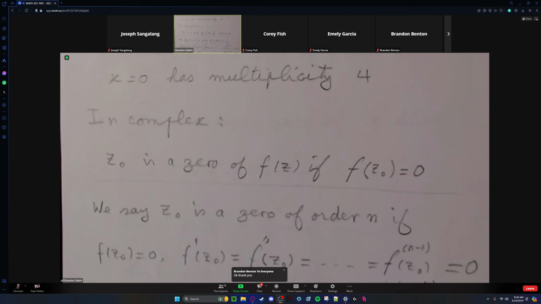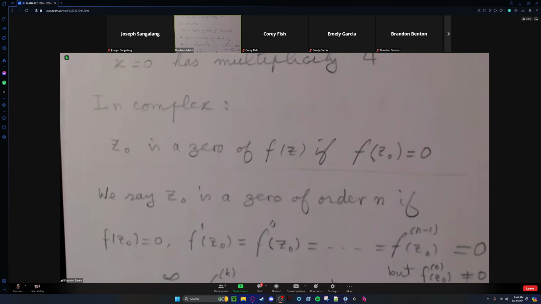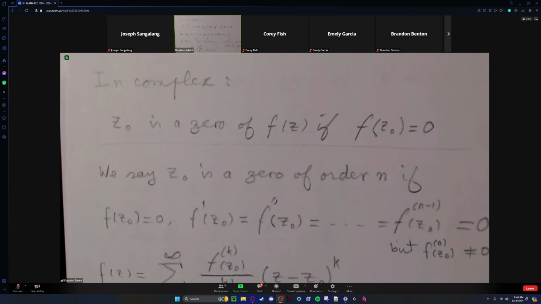So talking about zeros, we call it a zero of order n if not only the function is 0, but its derivative, its second derivative, up to the n minus 1st derivative, all of them are also 0. If this is the case, we say this point is a 0 of order n.